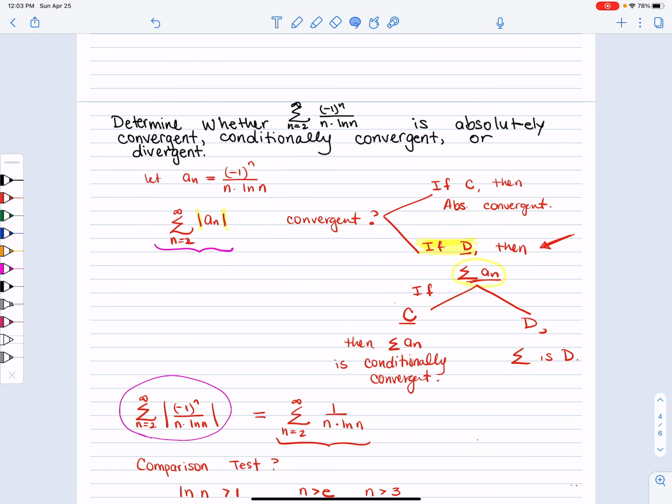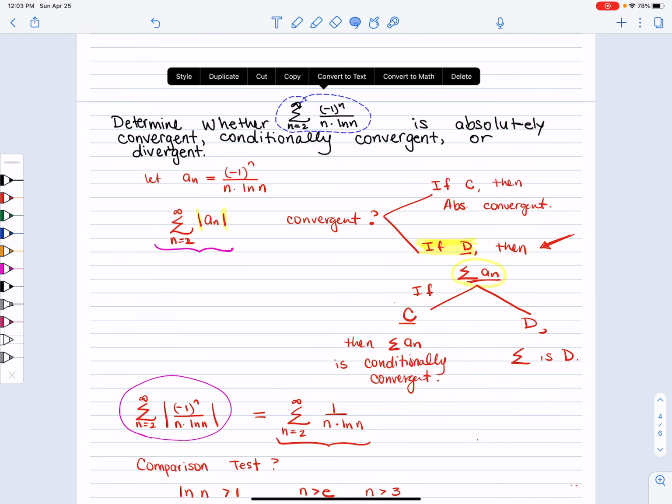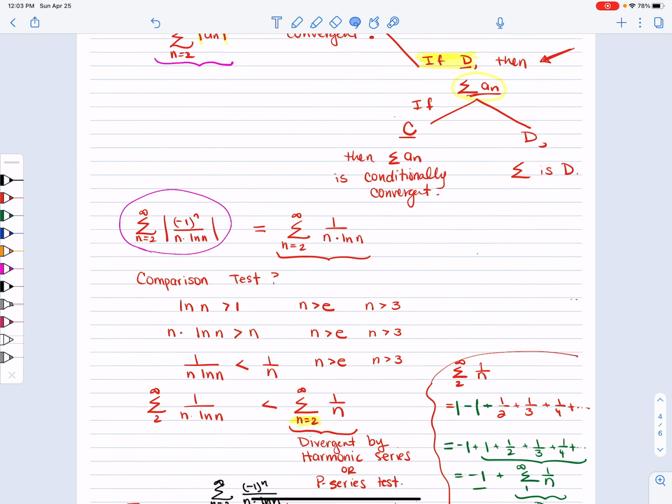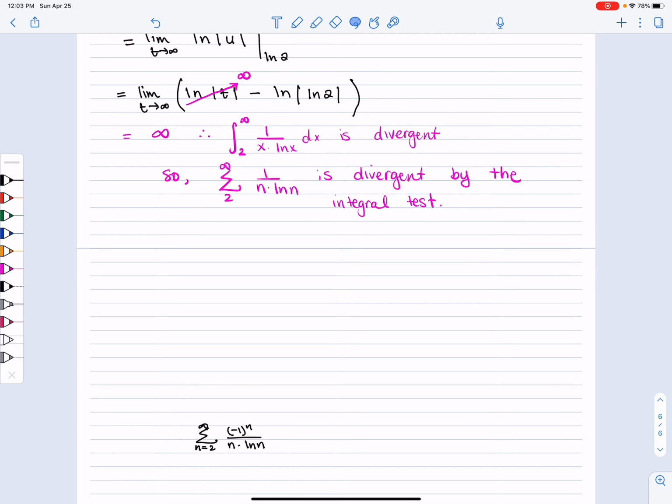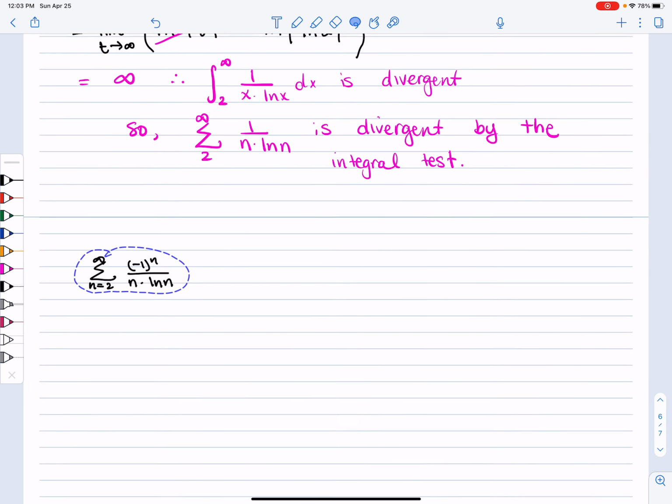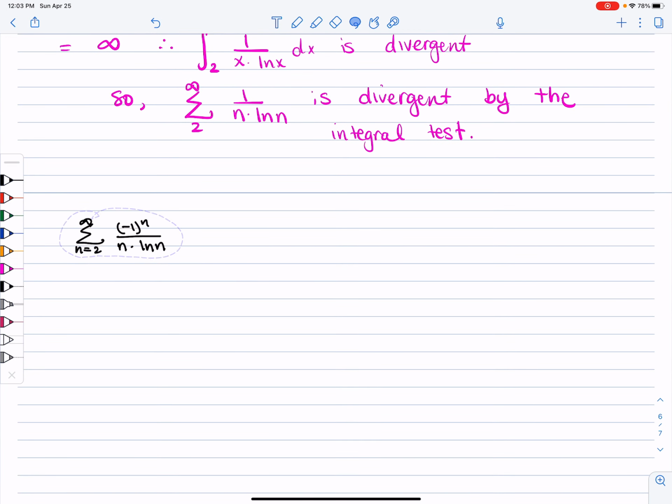So we want to check if this series is going to converge or diverge. Well, how do you think we can check whether this series here is convergent or divergent? Because you have a negative 1 to the nth power, we can apply the alternating series test.